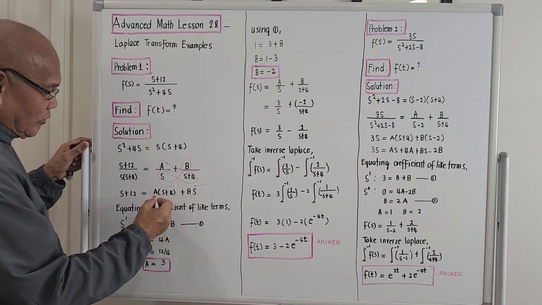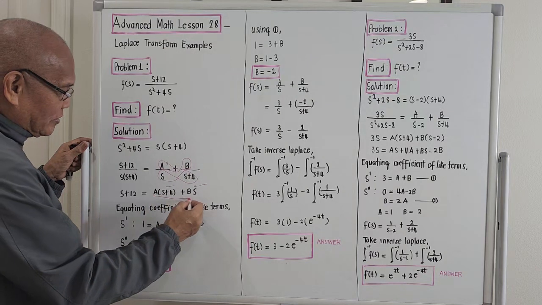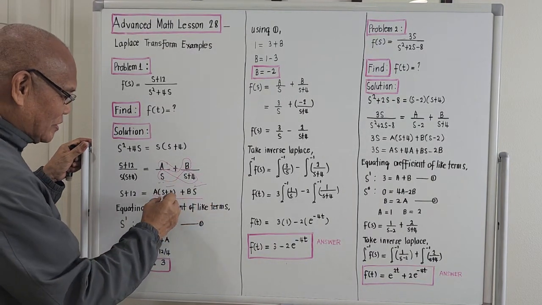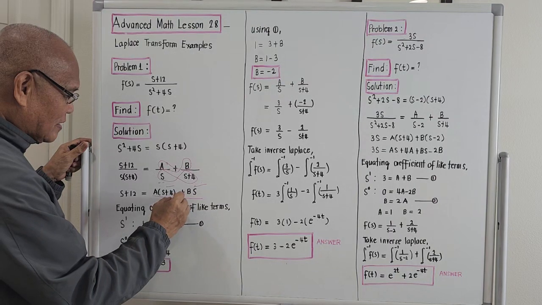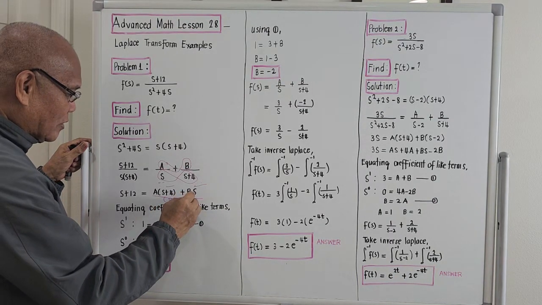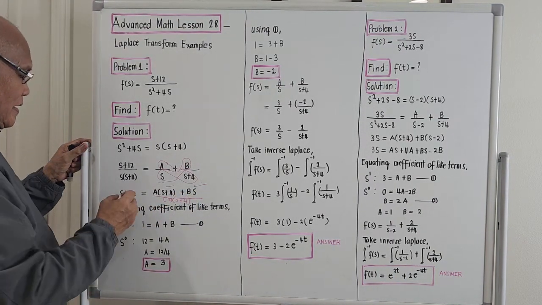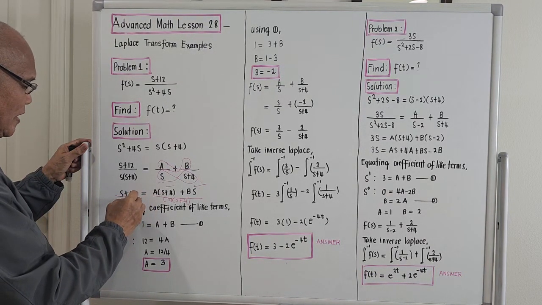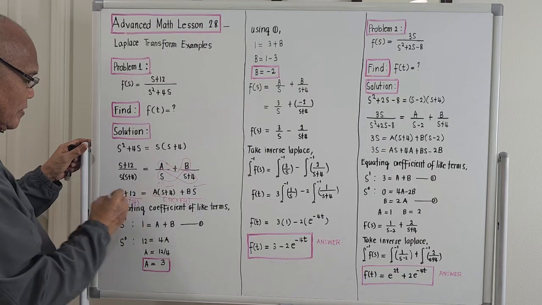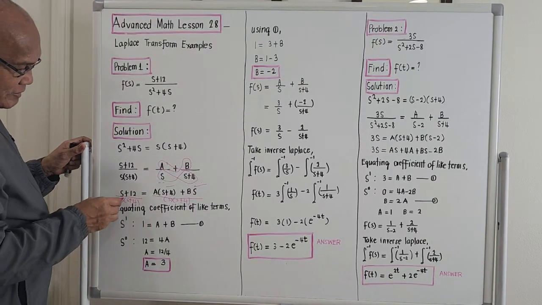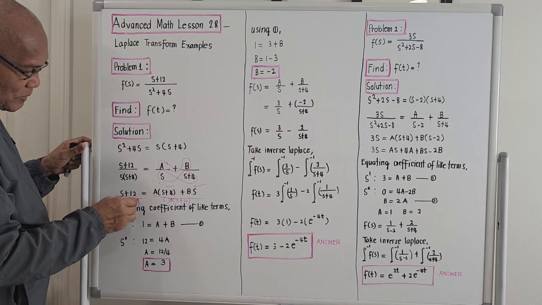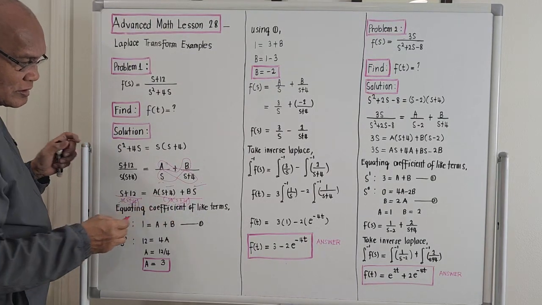All over the common denominator, which will be the product. So this is actually s times s plus 4. And the left hand side is still s multiplied by s plus 4. This s here cancels with this, and this s plus 4 here cancels with this.